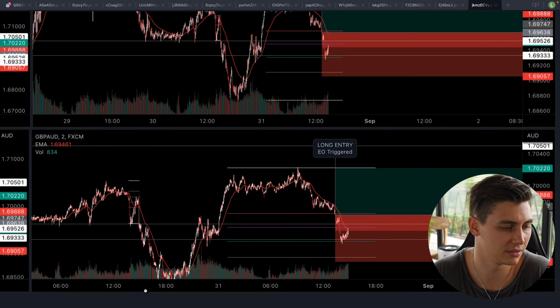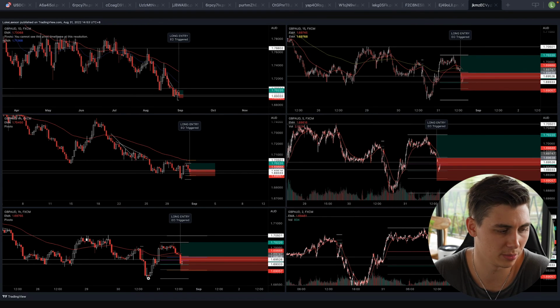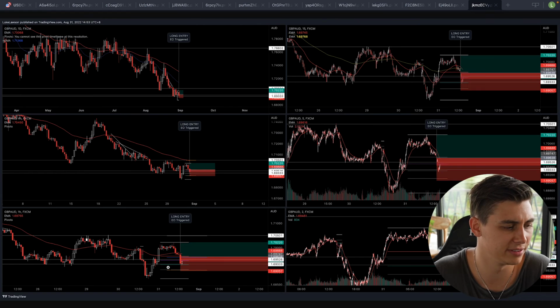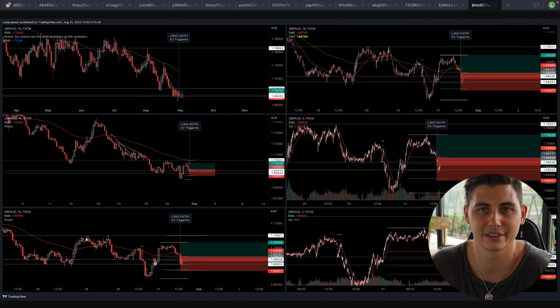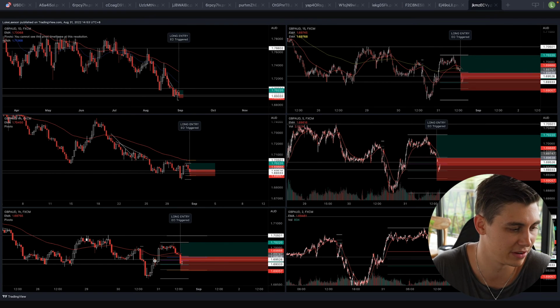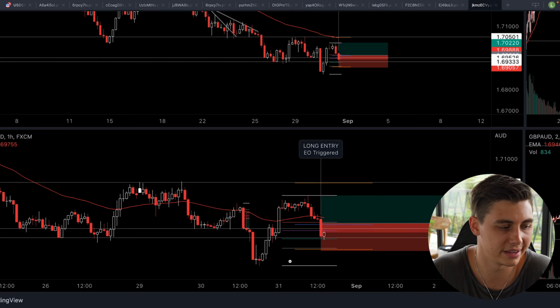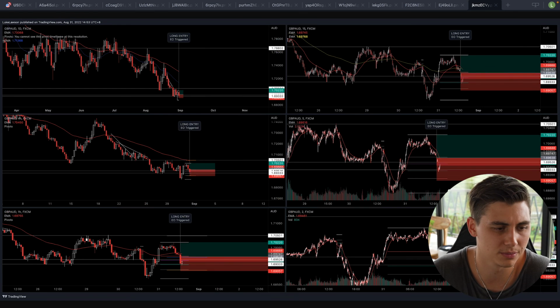Now, granted, his fib levels were drawn a little bit differently here, which also was a big red flag. This is the only option that we could be drawing for our fibs here. There was no way that we'd be drawing it from here. That's not a run and a pullback. One red candle doesn't comprise a pullback, right? That's just a run, bit of a blip, and then it carries on with the run. So there's no option other than this to draw our fib levels.